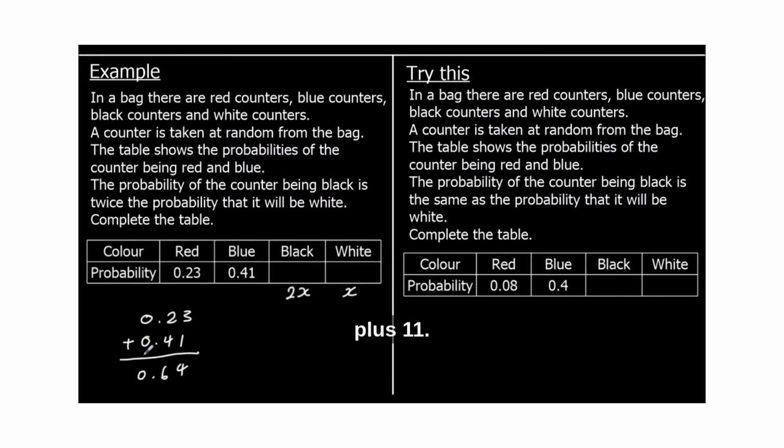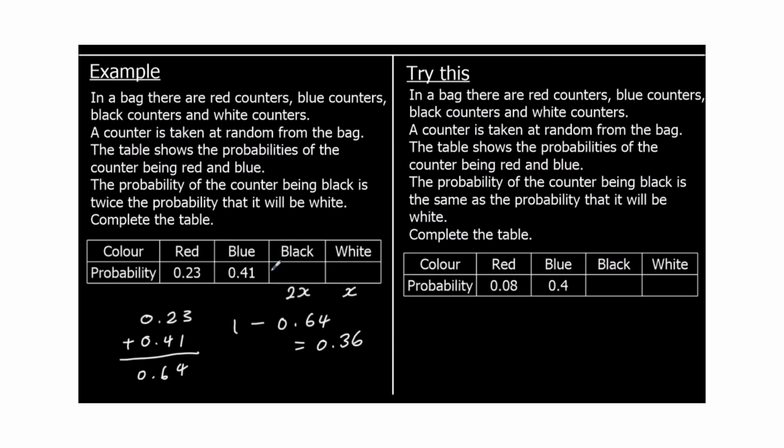So that means we've got 0.64 so far. So what more do we need? What do we have to add on to 0.64 to make a whole? That's 0.36. So 0.36 and 0.64, or 64% and 36%, make a whole.